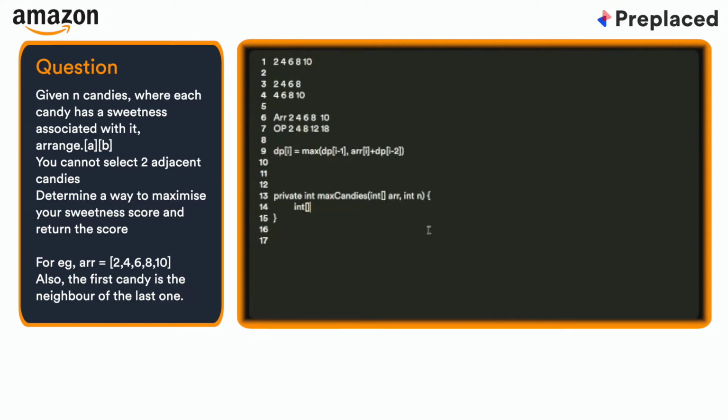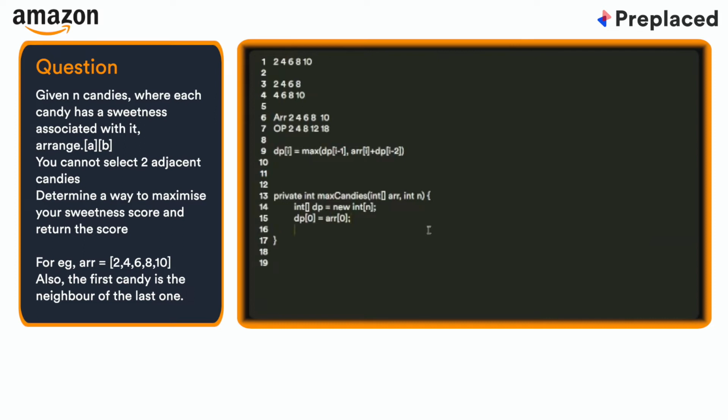So I'll be having my DP array of size, let's say n for now. DP at index 0 will be array at index 0, because I just have one candy, so that will be the answer anyways.